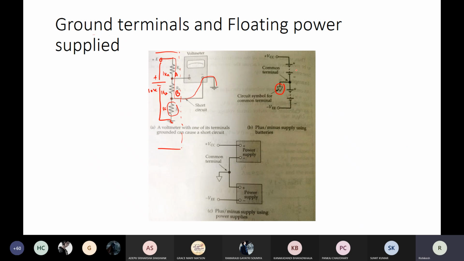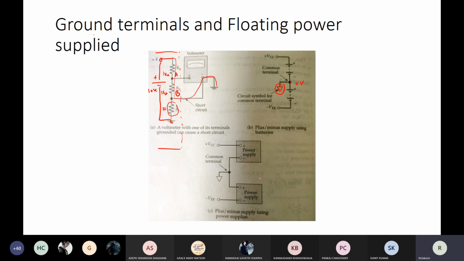So you have this battery, whose positive terminal is here and negative terminal is here, and another battery with positive and negative terminals. The common terminal is derived by connecting the negative terminal of one source with the positive terminal of the other source. So this becomes my common terminal, whose potential is 0 volts with respect to these voltages.